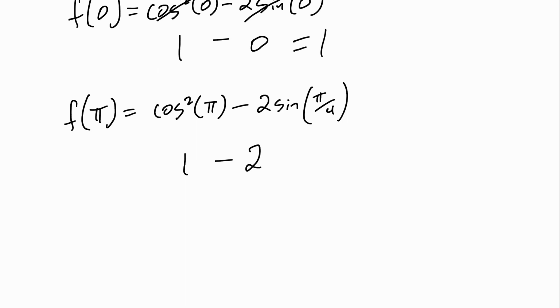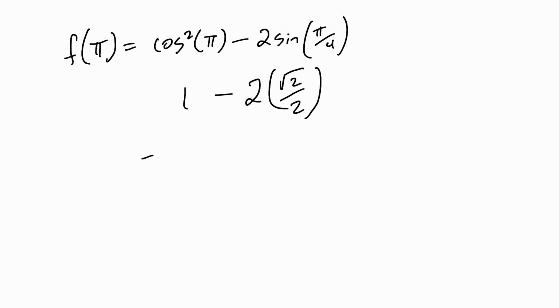Minus 2 times, and then if we remember what sine of pi over 4 is, it's going to be square root of 2 over 2. We just know that from the unit circle. So this is going to give us 1 minus square root of 2, because those cancel out. And you might not know what square root of 2 is, but it is bigger than 1.